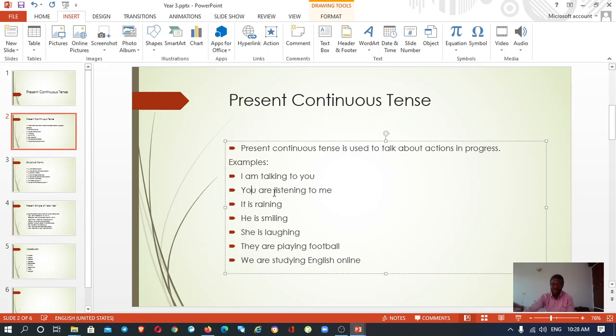That's why the verb is in the present form. Am is in the present form, and are is in the present form. Don't get it mixed up with the past continuous tense, where we have to use the past tense of the verb be.